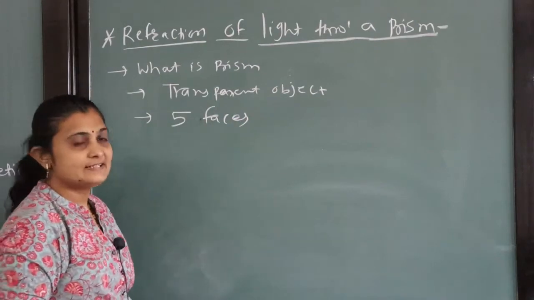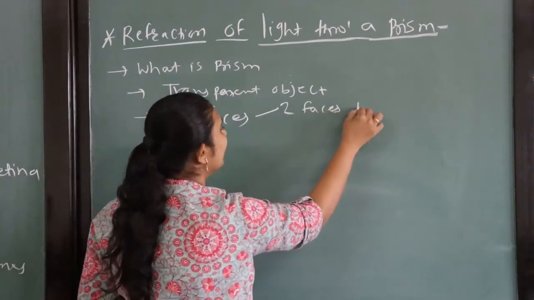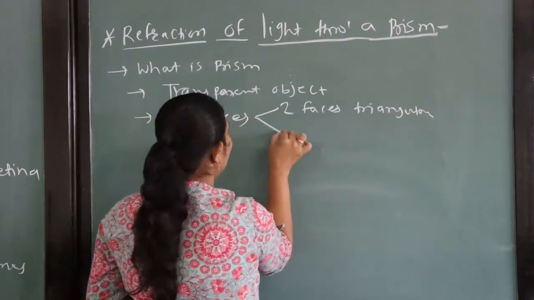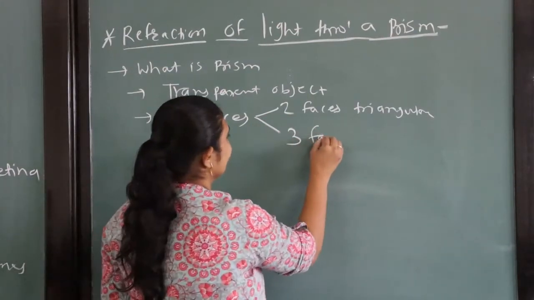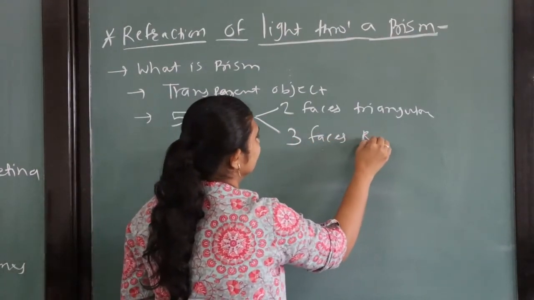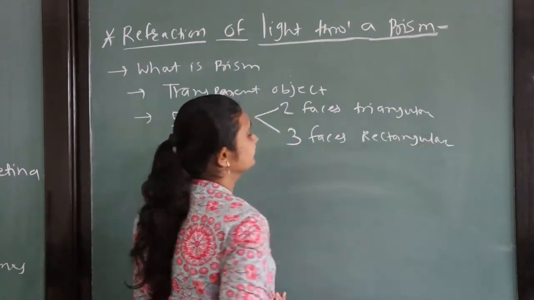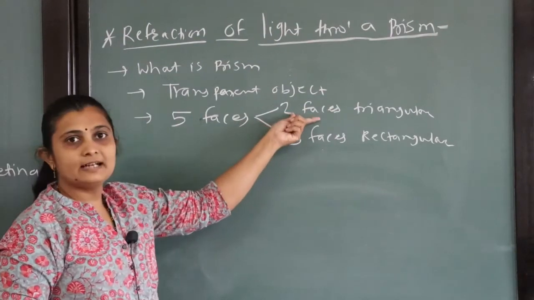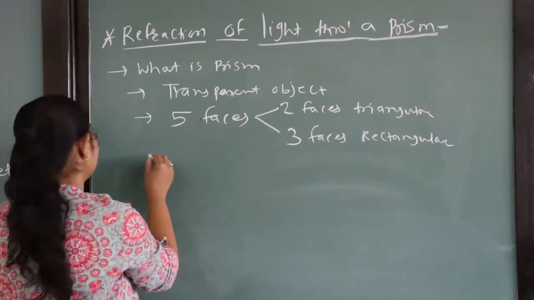Of these 5 faces, 2 faces are triangular and 3 faces are rectangular. Total 5 faces are there: 2 triangular faces and 3 rectangular faces.